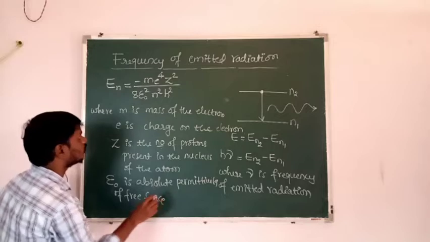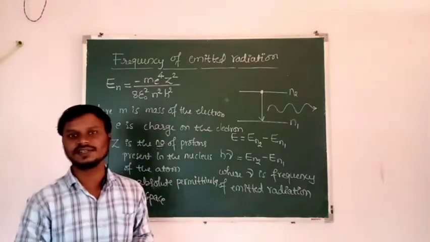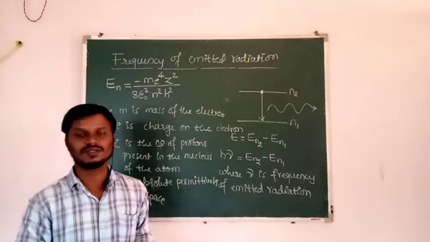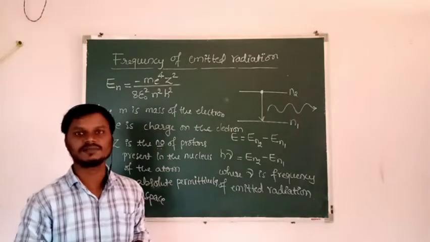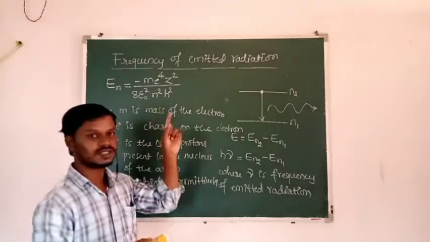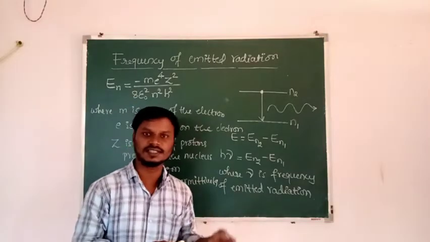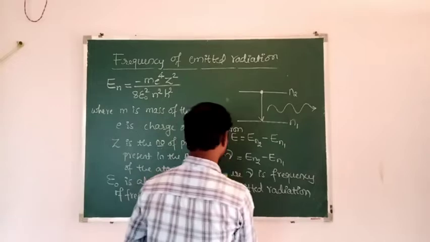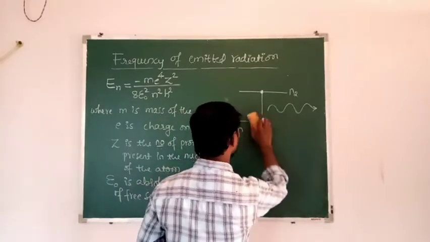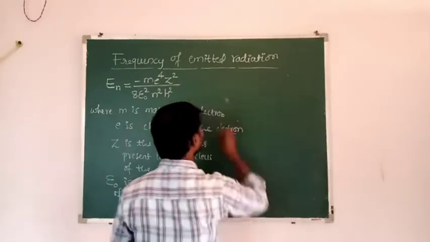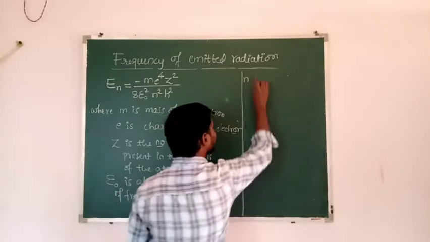Then next, what is n? N is nothing but the principal quantum number. Here n takes the values 1, 2, 3 and so on. If the principal quantum number is 1, then it is called the first orbit. If the principal quantum number is 2, it is called the second orbit. If it is 3, it is called the third orbit.